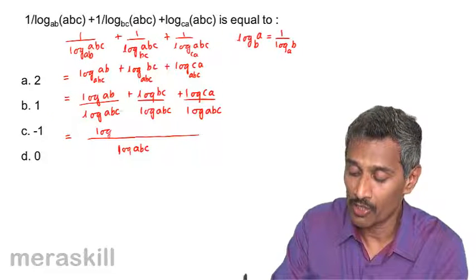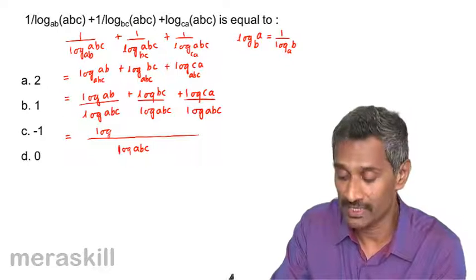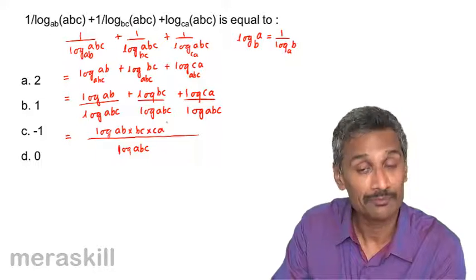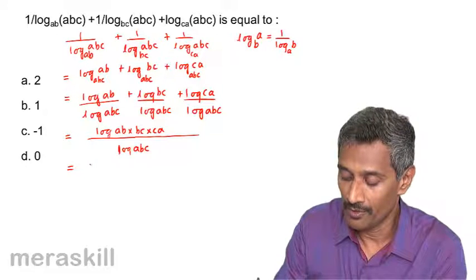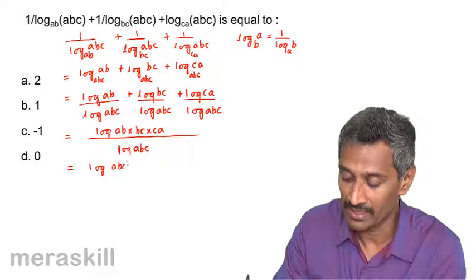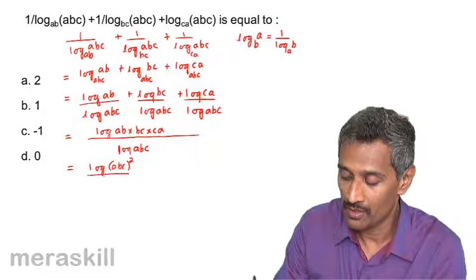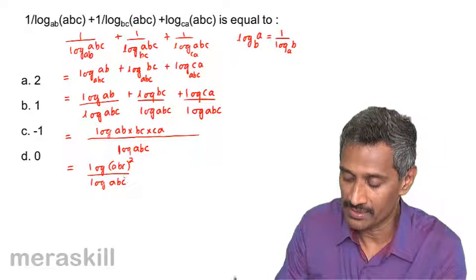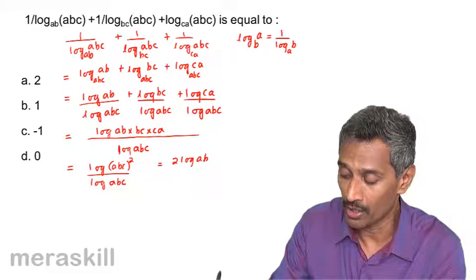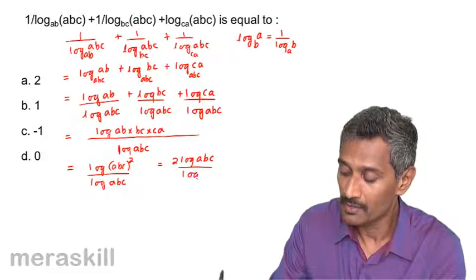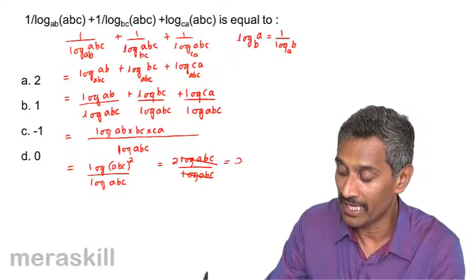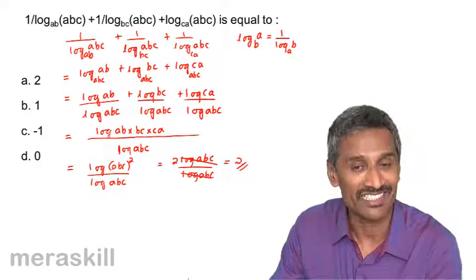This becomes log AB plus log BC plus log CA, which is log of AB into BC into CA, which is log A square B square C square, which can be written as log of ABC the whole square upon log ABC. And we get 2 log ABC upon log ABC. This gets cancelled and we have 2 as the answer here.